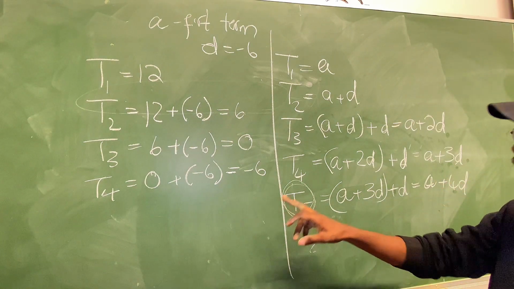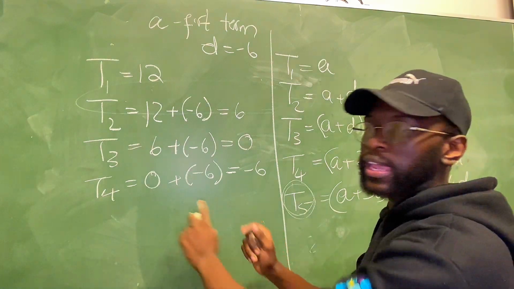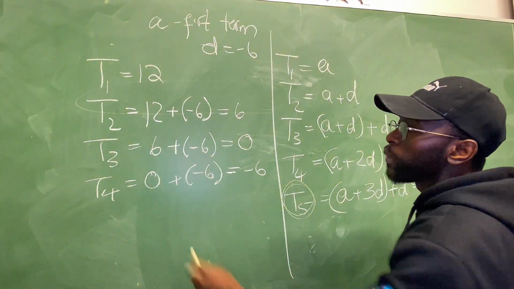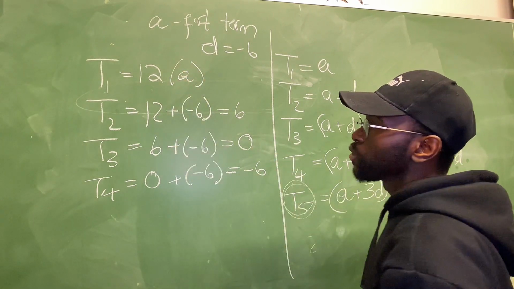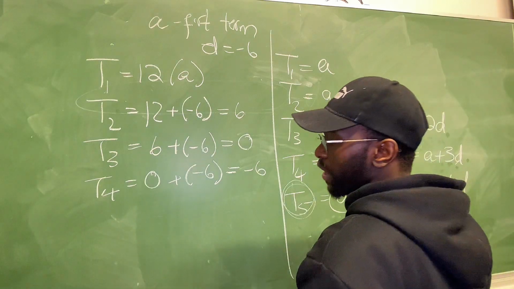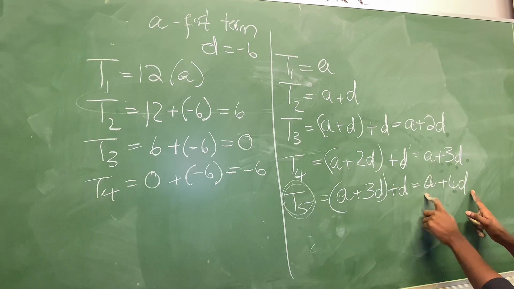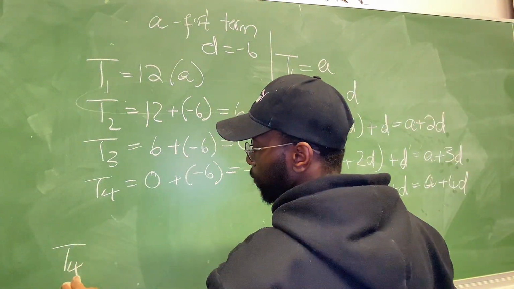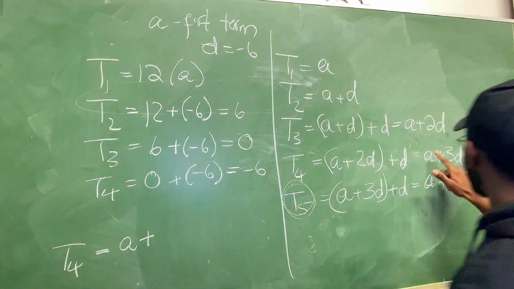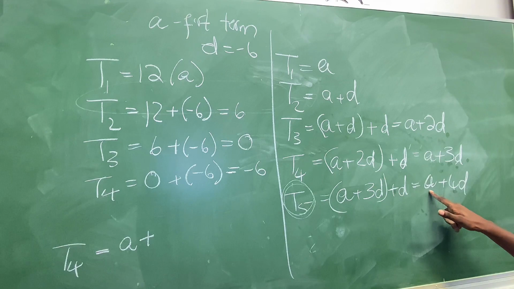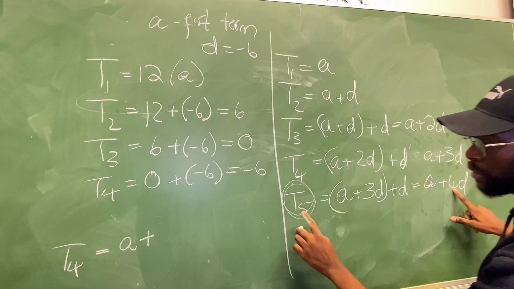Now, I want us to take that same idea and apply it to here where we made an example and say, we know that T1 is 12, and we say that our first term is denoted by A. Now we want to find T4 using this principle. To find T4, it will be given by A, just like the pattern we saw here, plus one less than the position of the term.